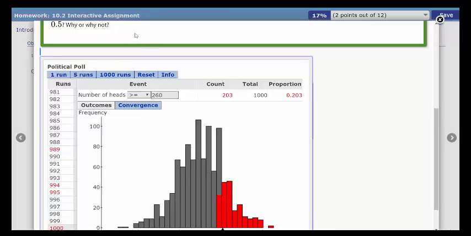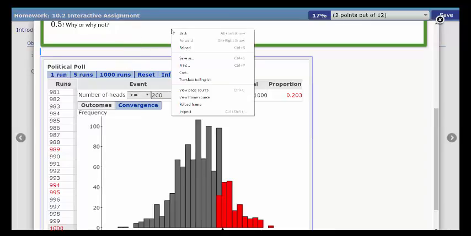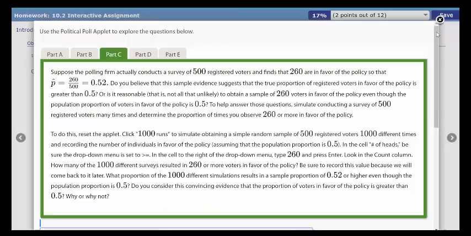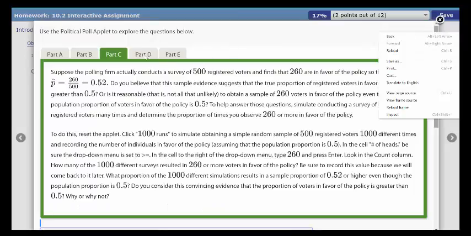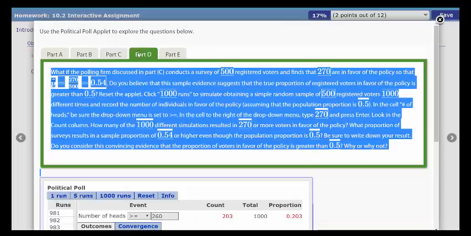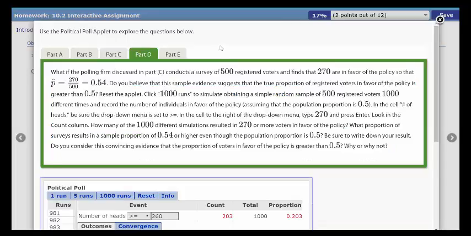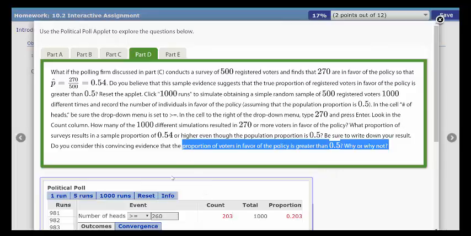Okay, part D. What about if we said we want to see if more than 270 would say that they are in favor of the policy? Let's simulate that.